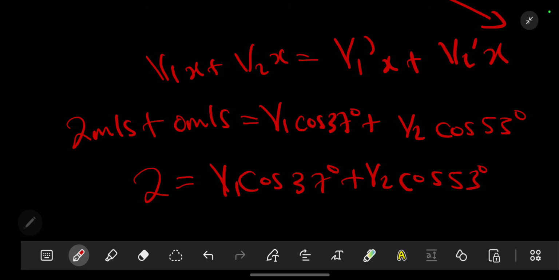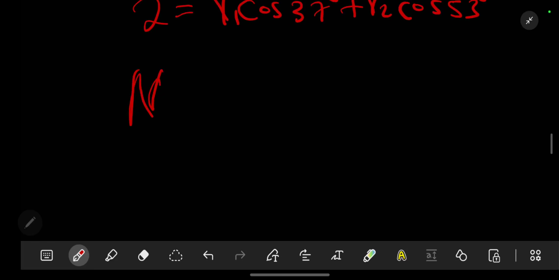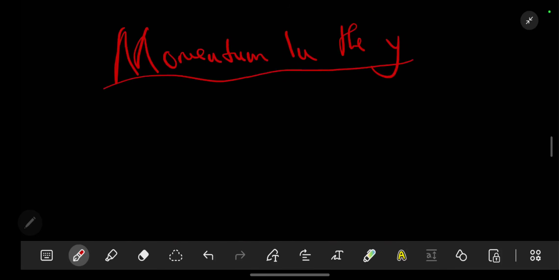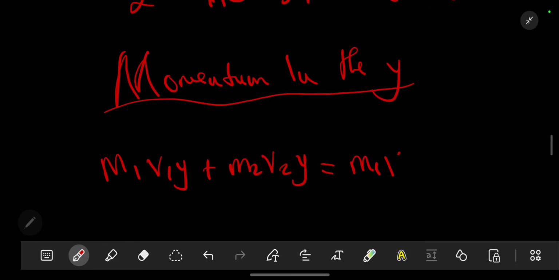After you are done with x, you are going to do momentum in the y. So momentum in the y, you are going to have m1 v1y plus m2 v2y should be equal to m1 v1 cap y plus m2 v2 cap y.